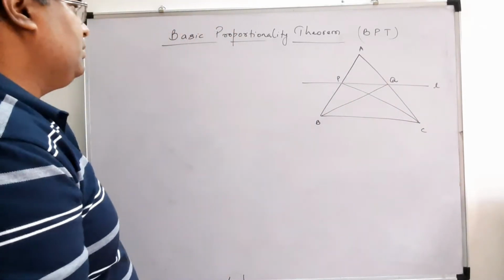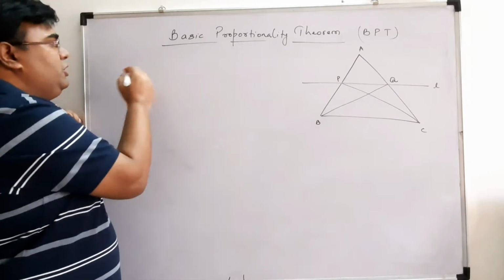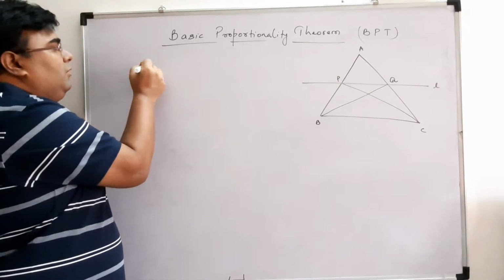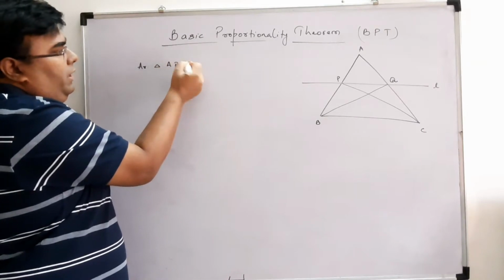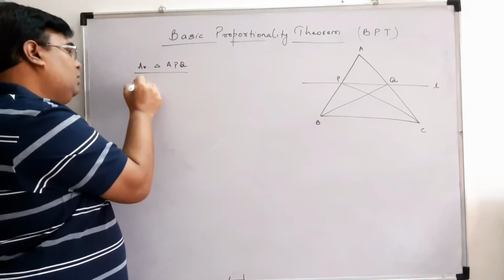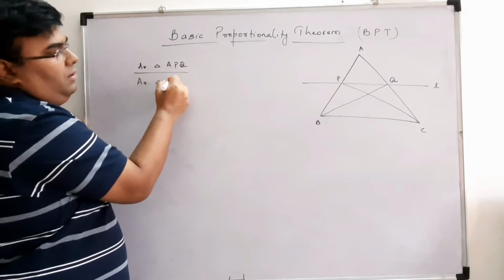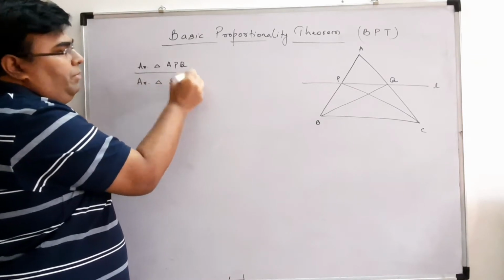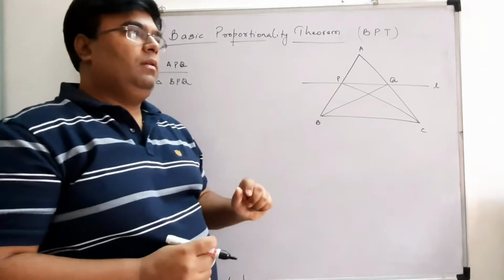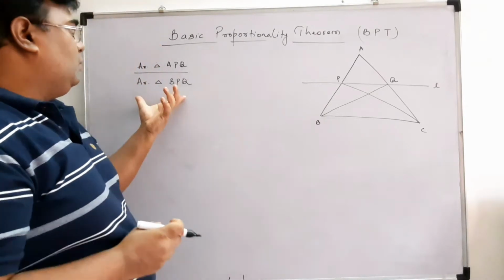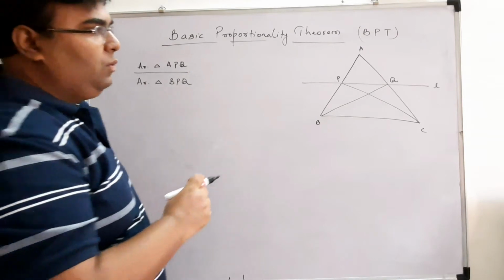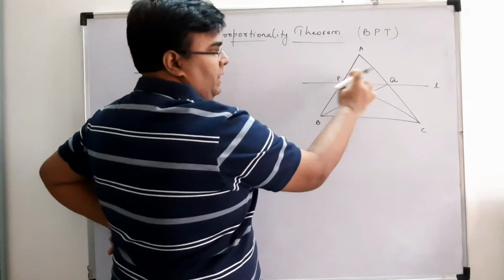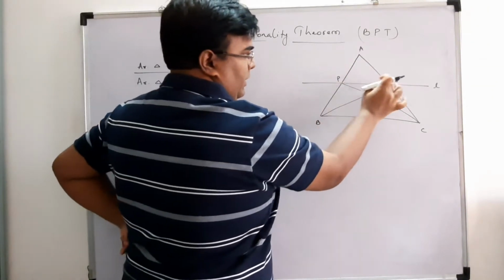Okay, now let us say the ratio of area of triangle APQ upon area of triangle BPQ. Okay, so what is the ratio? Ratio of area APQ and BPQ. It will be what? This triangle APQ and BPQ.